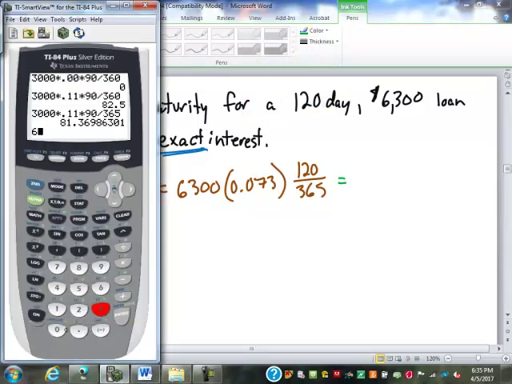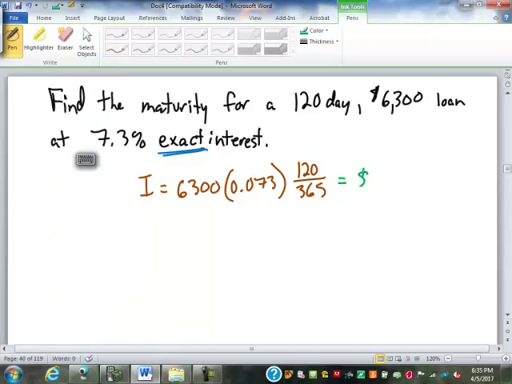So 6,300 times 0.073 times 120 divided by 365. $151.20.